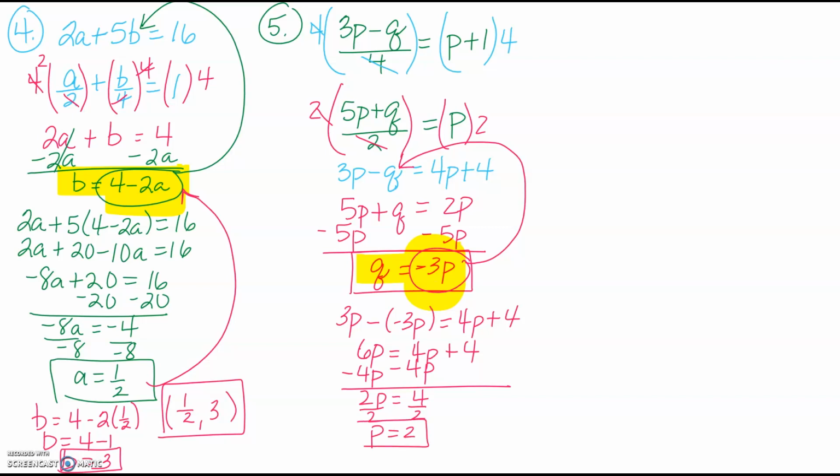I'm going to take p equals 2 and plug it in over here. So that's going to give me q equals negative 3 times 2, or q equals negative 6. P comes before q, so it's 2 comma negative 6.